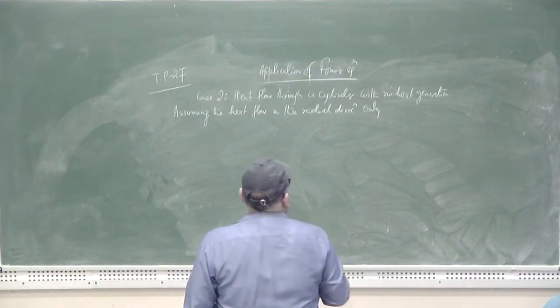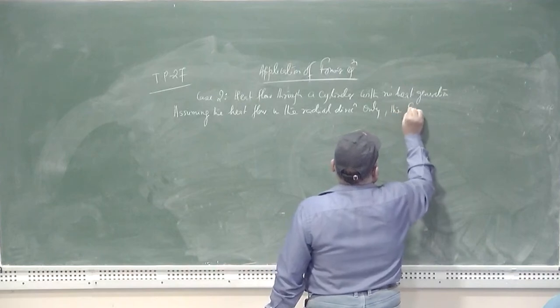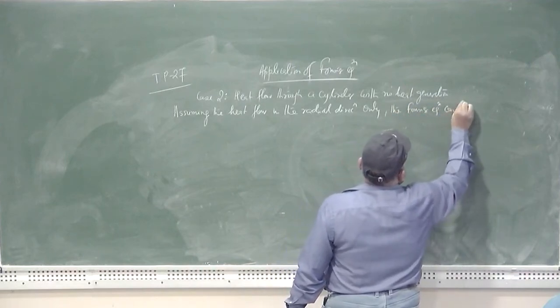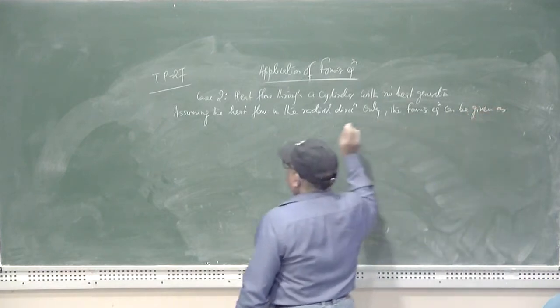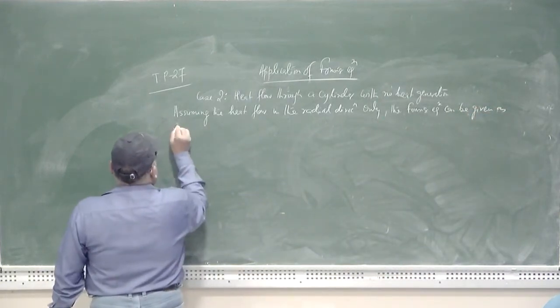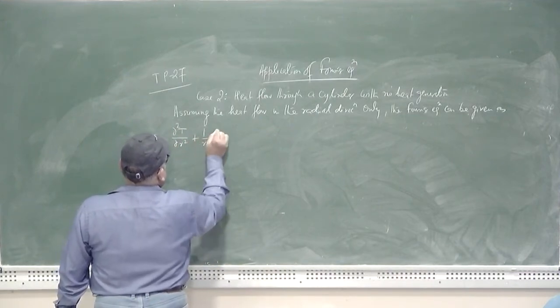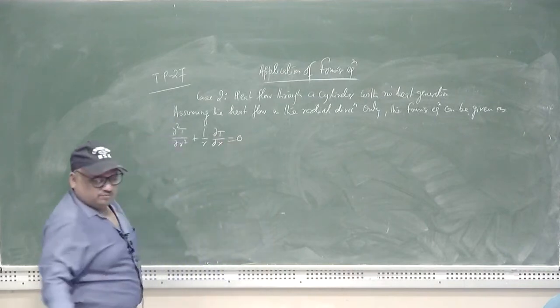So the Fourier equation may be given as d2T by dr2 plus 1 by r dT by dr should be equal to 0.